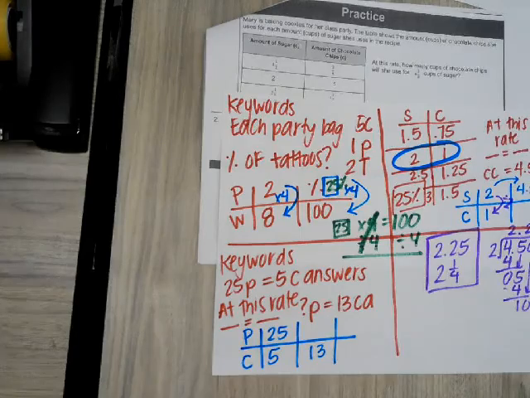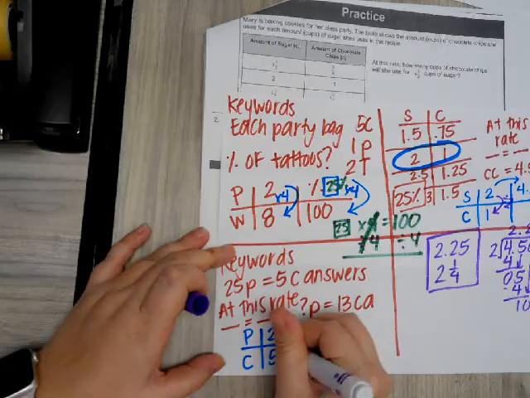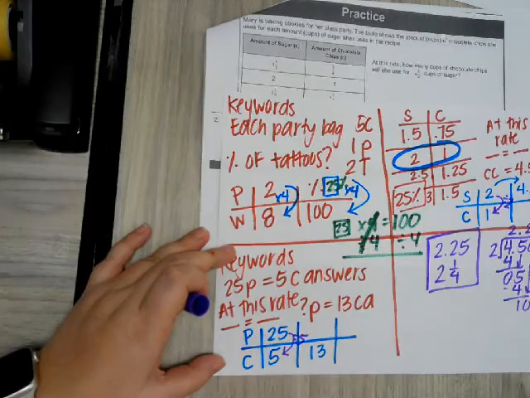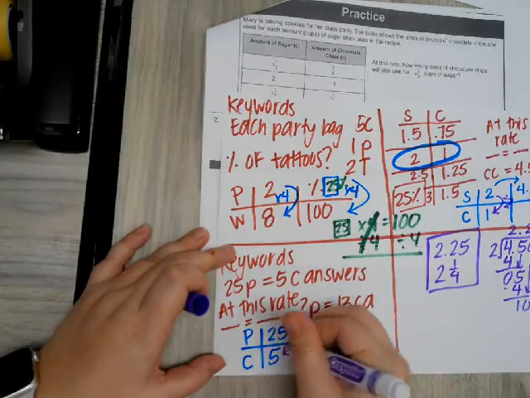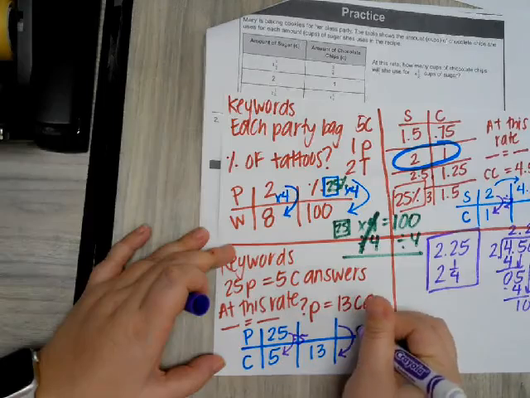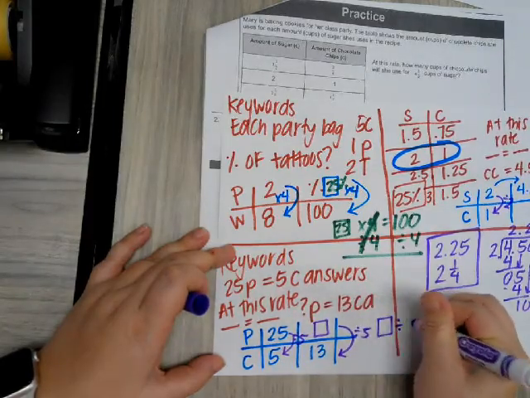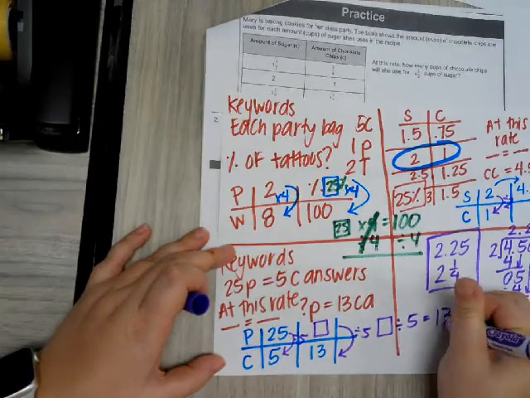Okay, how can I get from 25 to 5? Well, I can divide by 5. So whatever I do to the left, I have to do to the right. So something divided by 5 is going to get me 13. Remember, we have to get this box by itself.